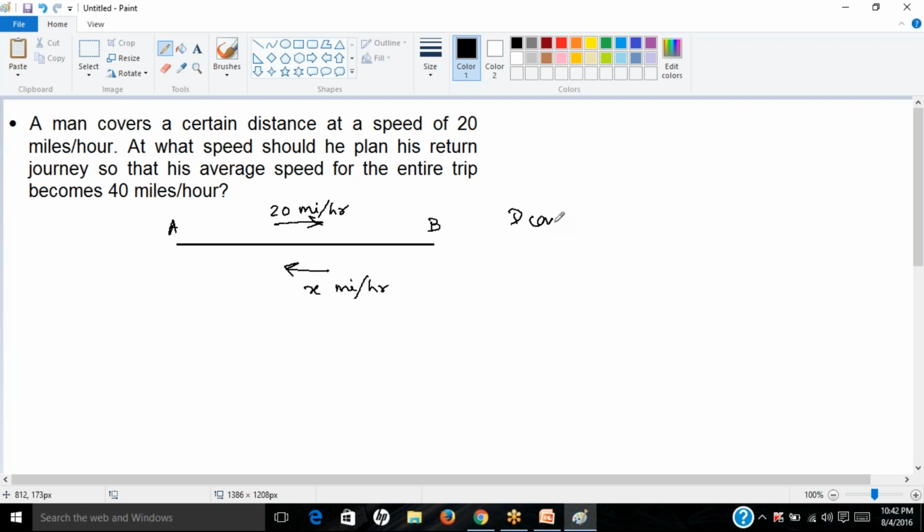Is the distance constant? In both cases the distance is constant, right? You are traveling AB, you are returning BA, so the distance is the same. Therefore the average speed according to the formula I just gave is twice the product of the speeds upon sum of the speeds, isn't it?